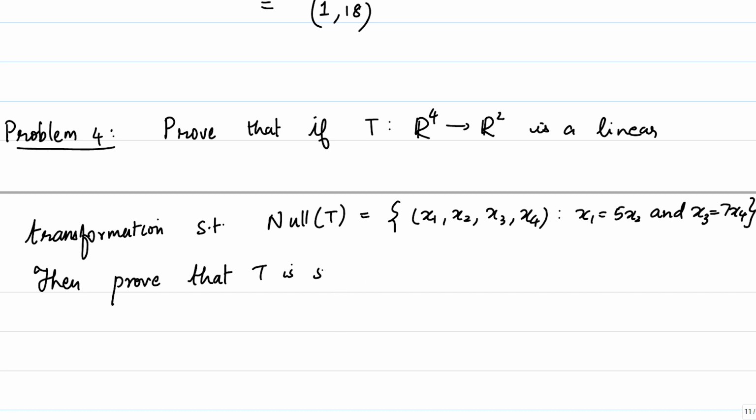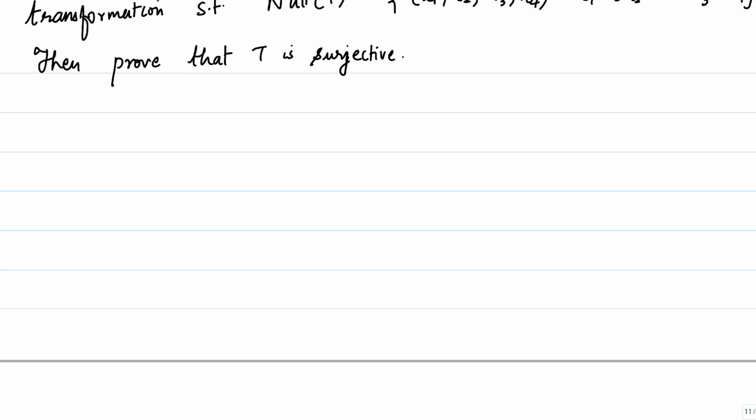So notice that we don't even know explicitly what T is, and yet we are able to say something about the surjectivity of the linear transformation. That's at least what the problem demands us to establish here. So let's give a proof of this. In order to do that, let me initially remind you what the dimension theorem is.